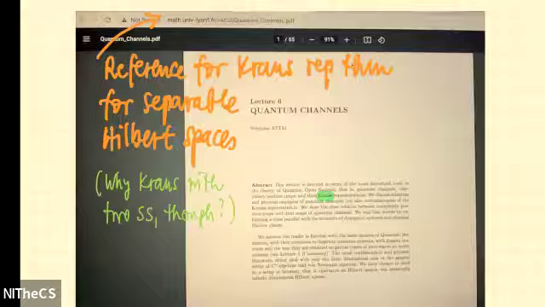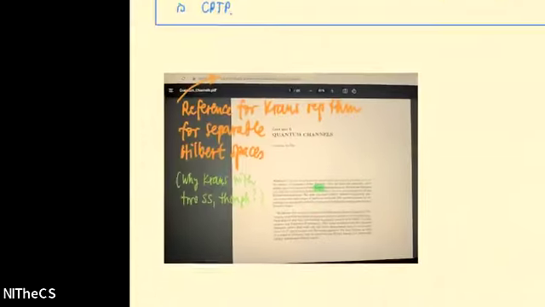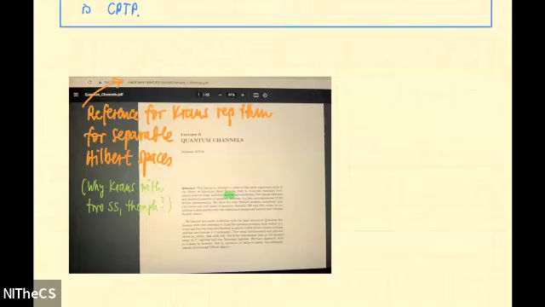He wrote these lecture notes that are available here. I do not know, though, why Stéphane writes Kraus with two S's, because I think Kraus is just with one S. Anyway, you can do this in general for separable Hilbert spaces. We just did it for finite dimensional Hilbert spaces.